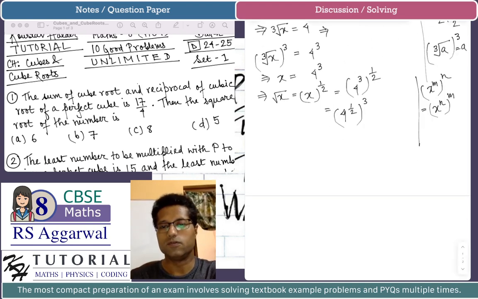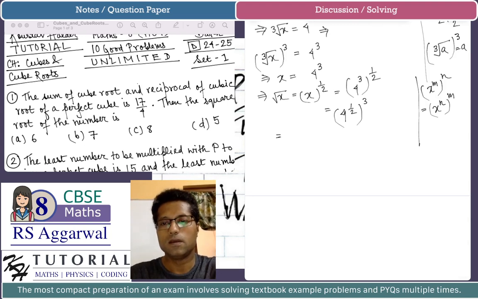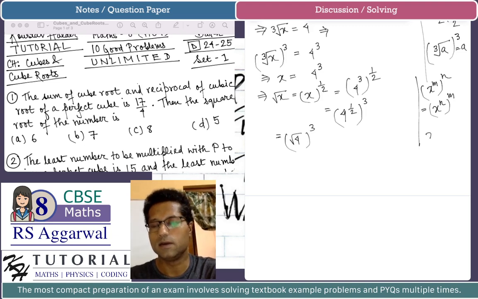Now what is 4 raised to the power half? We can say this is equal to the square root of 4, because we know that the square root of any number is equal to that number raised to the power half.